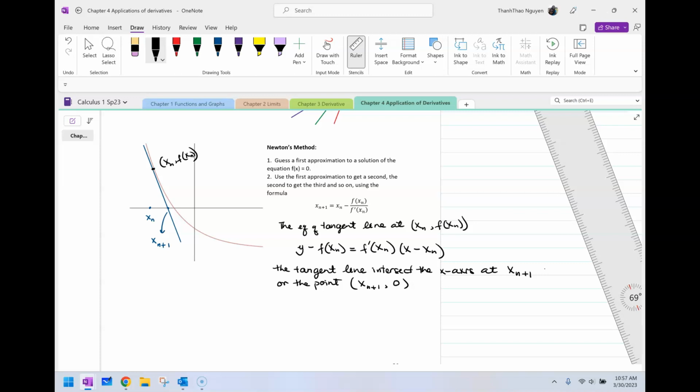I will replace this point into our tangent line equation, call that star.